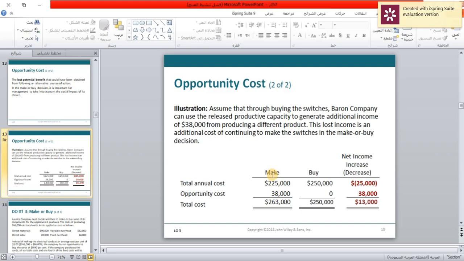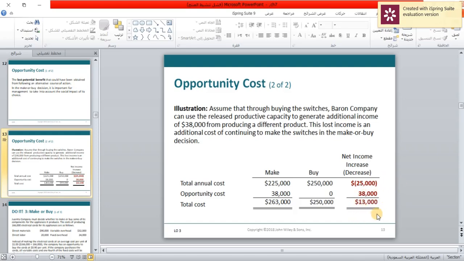The previous total cost for make was 225,000, for buy 25,000, net negative 25,000. Now we add the opportunity cost, which will increase make cost by 38,000. So the new result will be increased net income of 13,000.